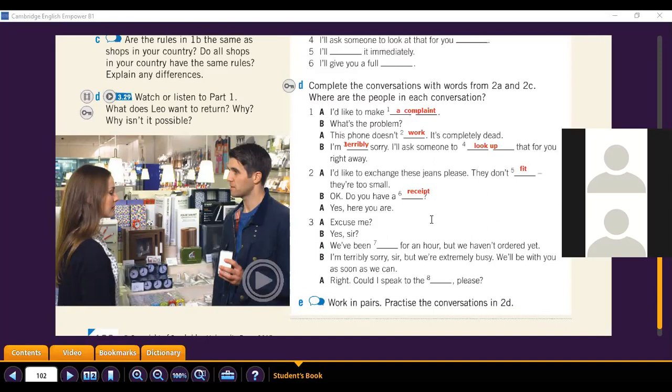Then we have, excuse me. Yes, sir. We have been here for an hour. Hemos estado aquí por 1 hora. But we haven't ordered yet. I'm terribly sorry, sir, but we're extremely busy. We will be with you as soon as we can.